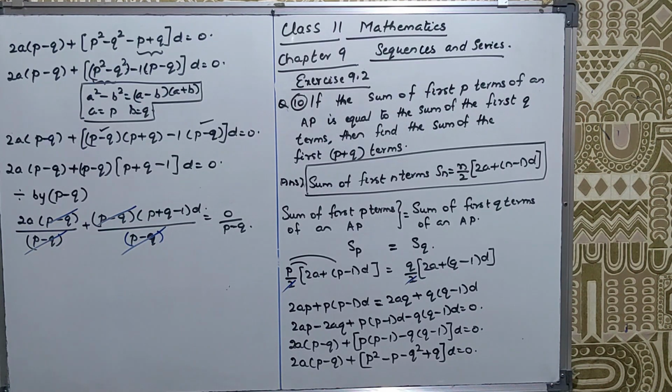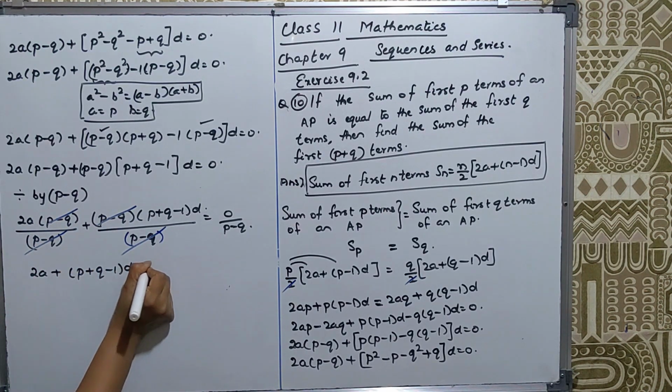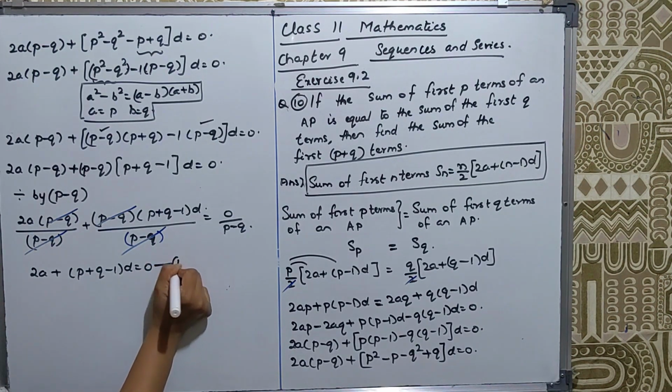Directly later, dividing throughout by p minus q is enough. So it will be 2a plus p plus q minus 1 into d equal to 0. That is equation number 1.